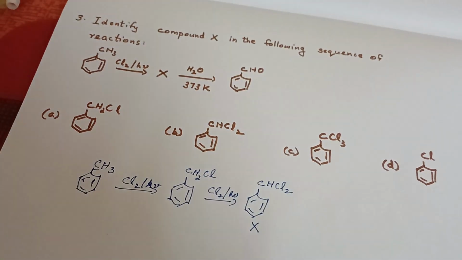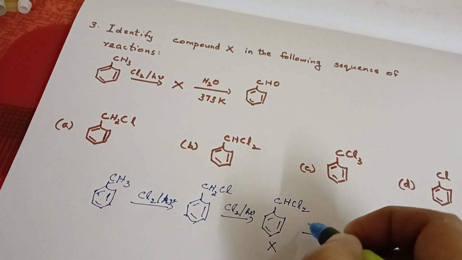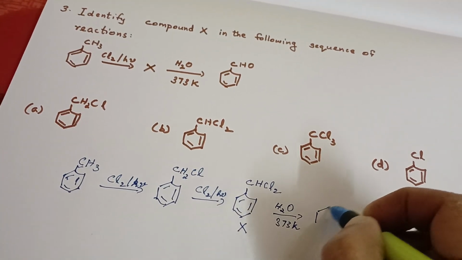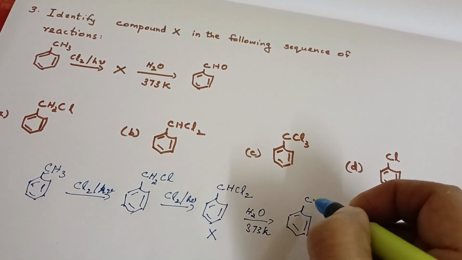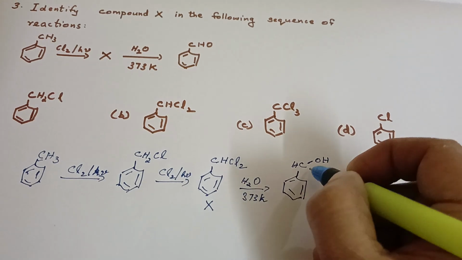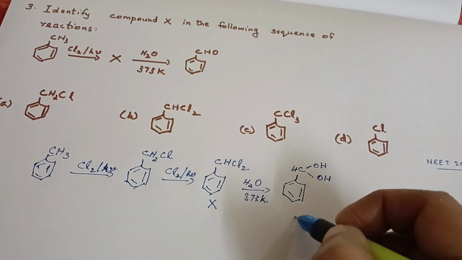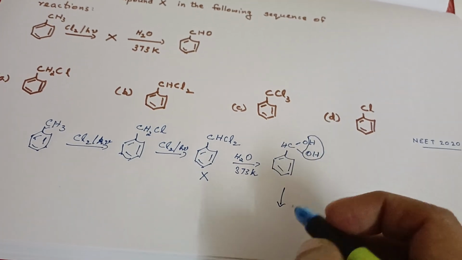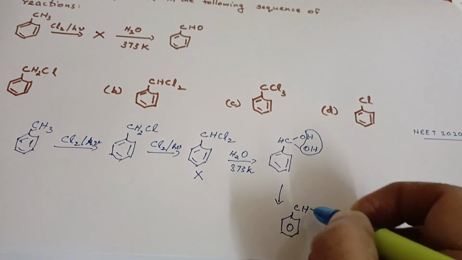That is option B, CHCl2. Why so? This on treatment with H2O at 373 Kelvin, you will be getting CH, and both these chlorines will be getting replaced by OH, and a molecule of water will get eliminated and you will be getting the product CHO.